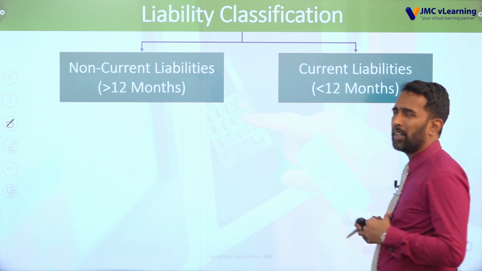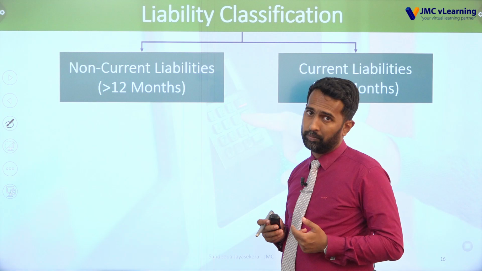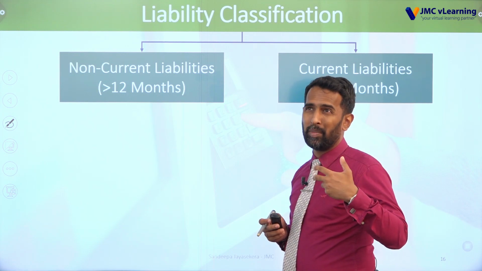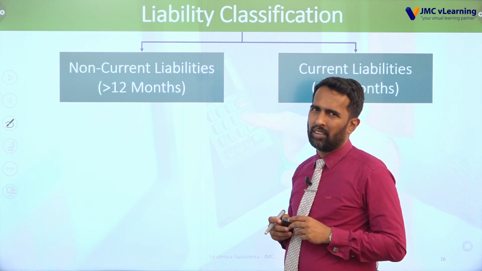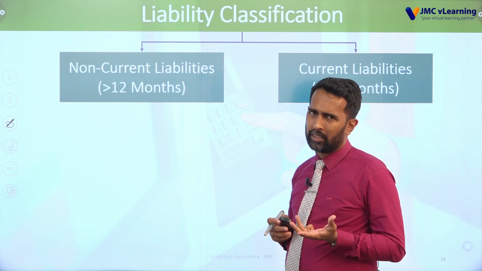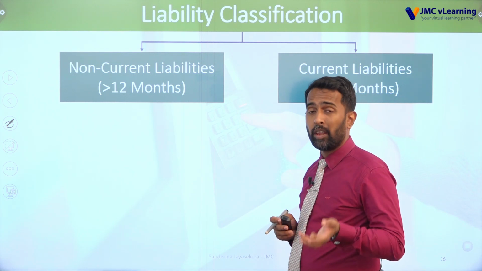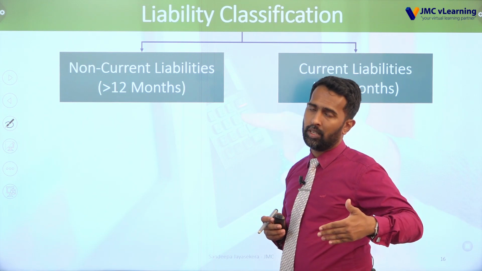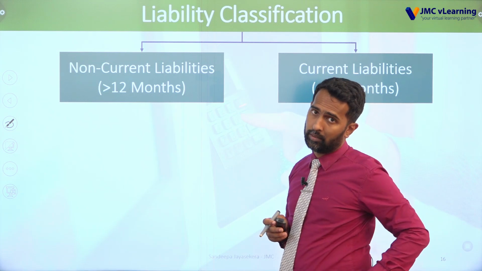Right. So accordingly, we can classify as non-current and current. Non-current. What are the liabilities you are supposed to settle after 12 months? Bank loans. Thereafter, maybe the gratuity liabilities. What is the meaning of gratuity? There's an act called the Gratuity Act. If an employee has worked for more than 5 years, when that employee leaves the company, you have to pay him a compensation. That compensation is half a month's salary times the number of years worked.